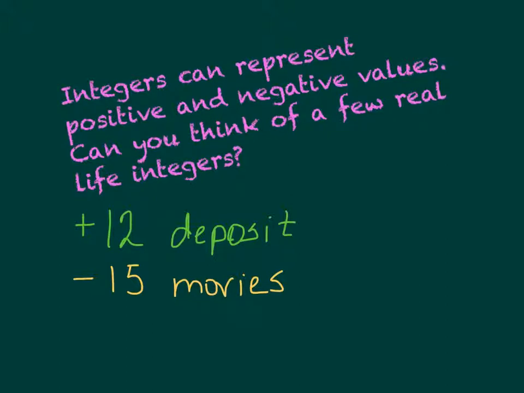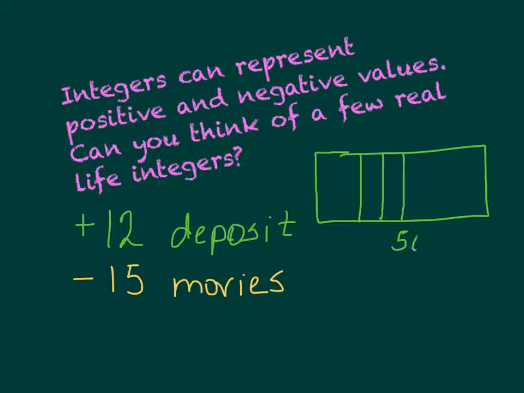What about yards on a football field? Let's say we start here, and we have the 40-yard line and the 30-yard line. Here's the 50, the 40, and the 30. It's possible that we could start off at the 30-yard line and advance maybe 10 yards to the 40.